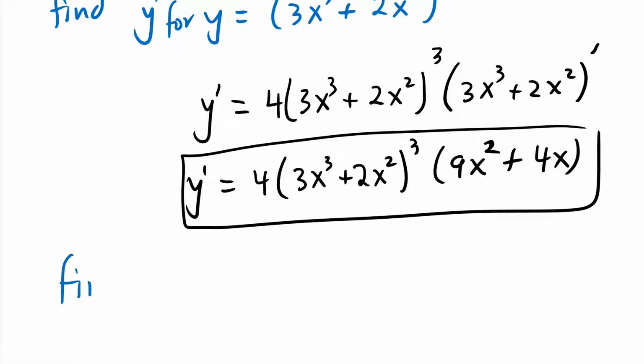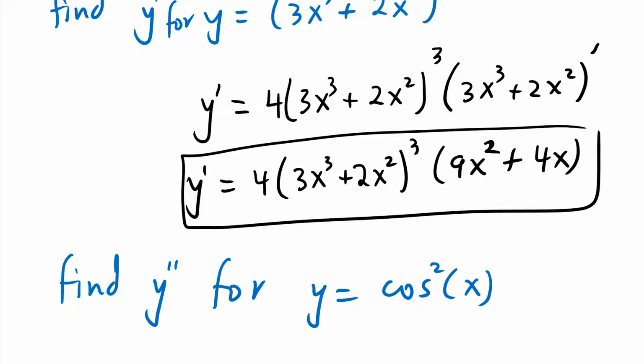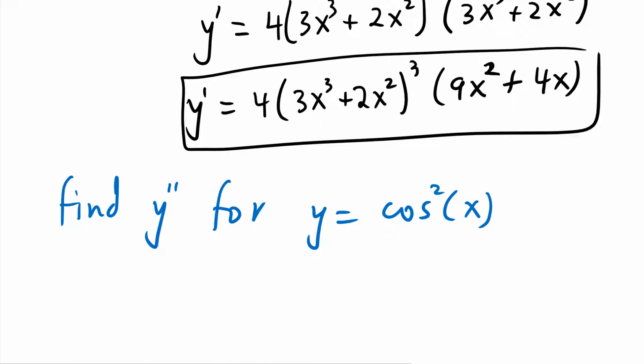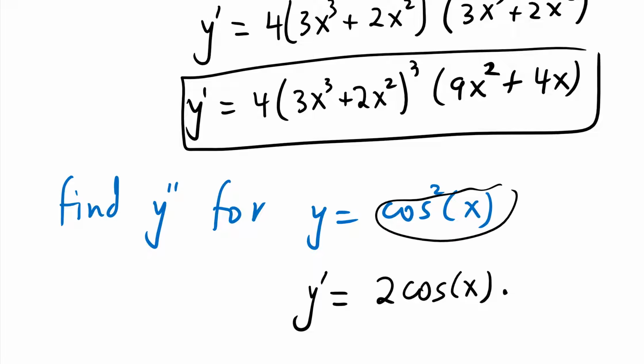Find y double prime for y equals cosine squared x. Again, chain rule. So y prime, you bring the 2 down, subtract 1 from the 2 times the derivative of this.